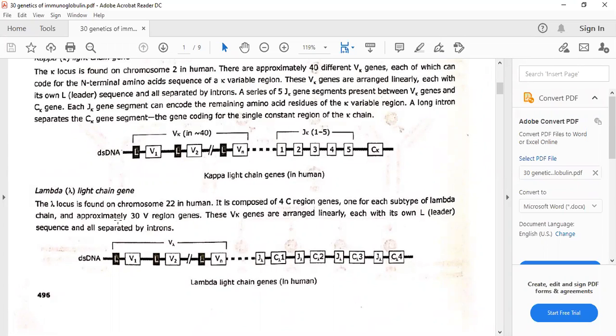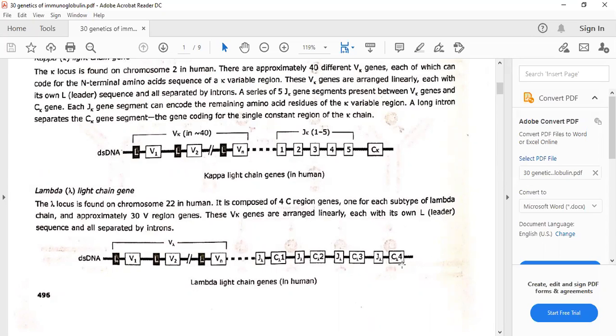Now we talk about the genetic organization of the lambda chain. In the kappa chain, there were two sites, the variable region and the J region, J for joining and V for variable. The lambda locus is found on chromosome 22 in humans, and it is composed of four constant region genes.